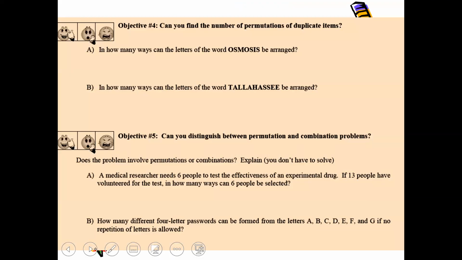Okay, now let's go ahead and practice a little bit with your different objectives, okay? All right, so for A and B, make sure you go ahead and read it.